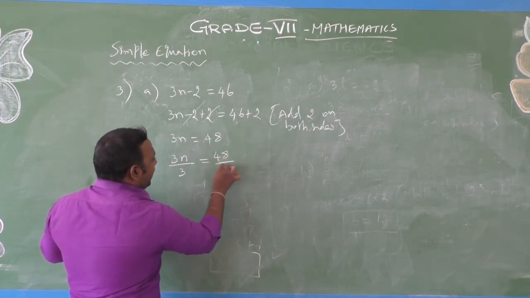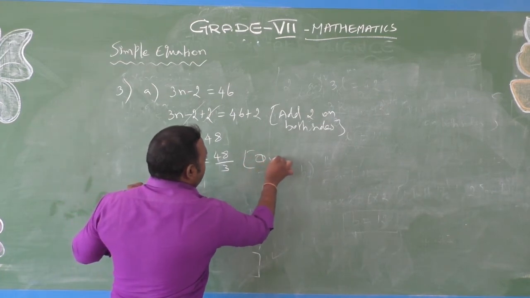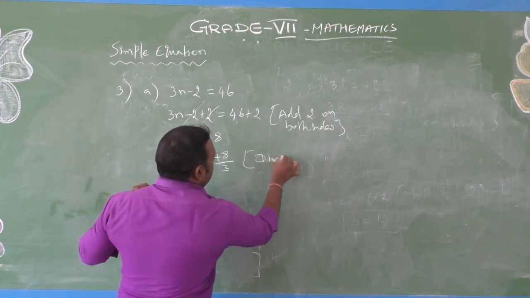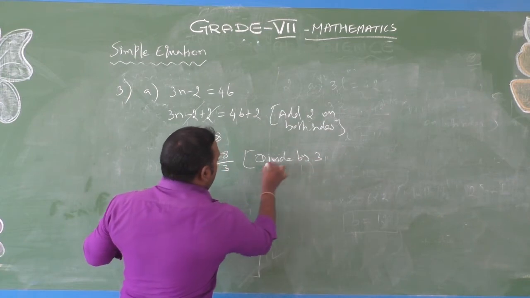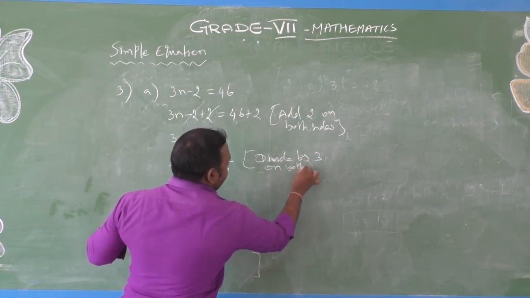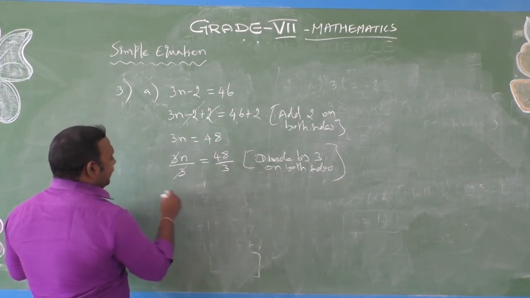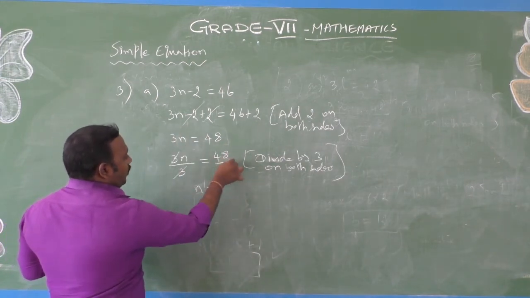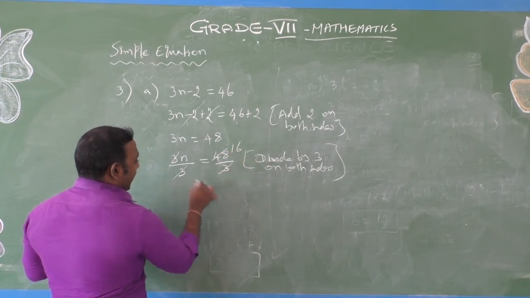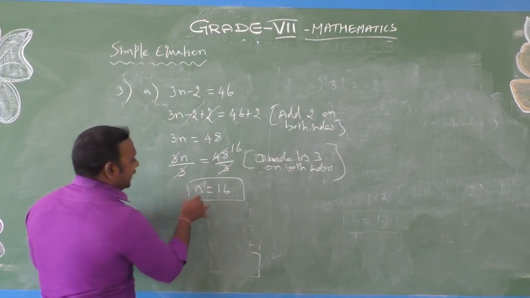So 48 divided by 3. Both the 3s will be cancelled. So n is equal to 16 is the answer.